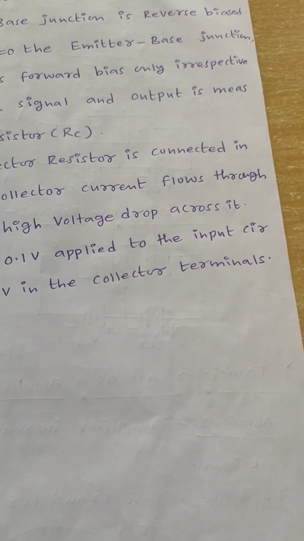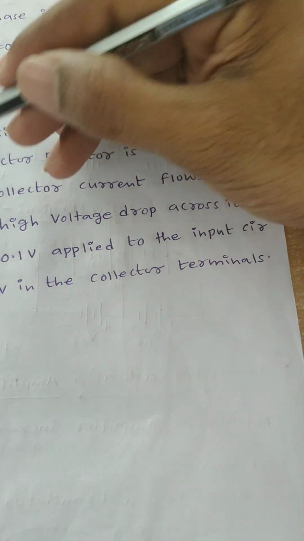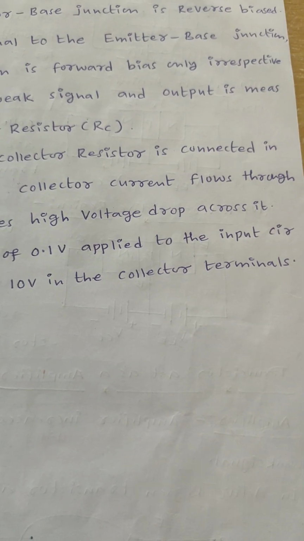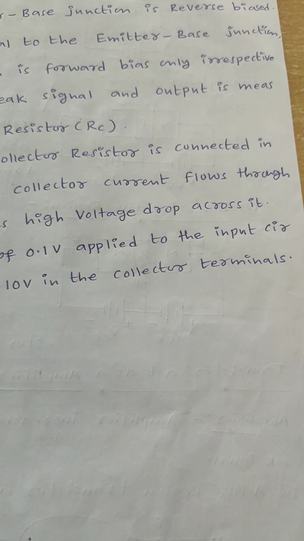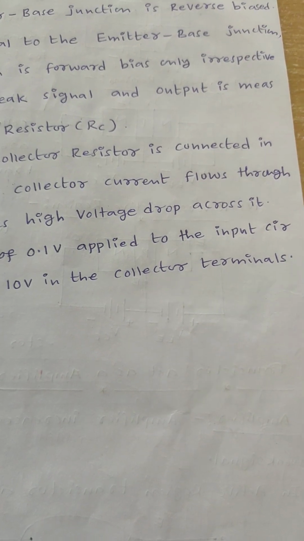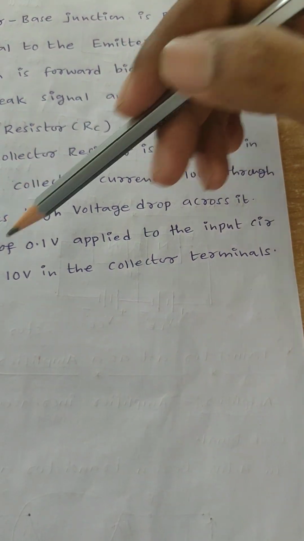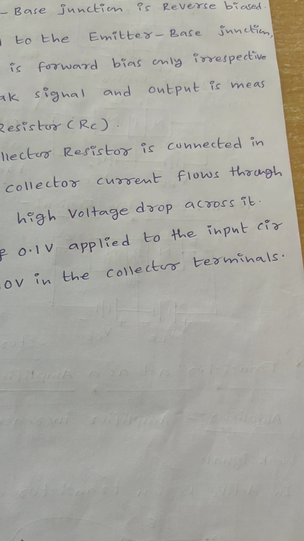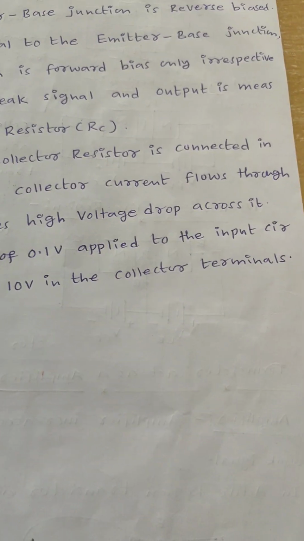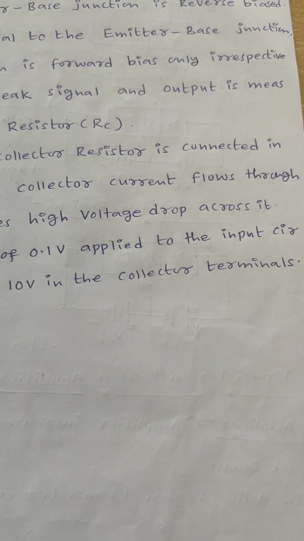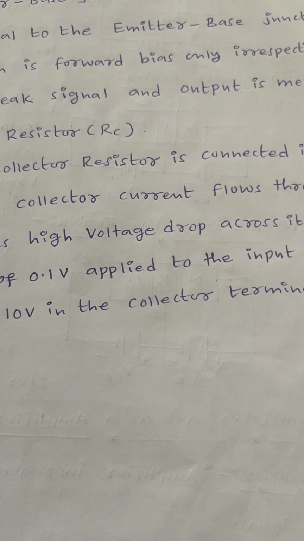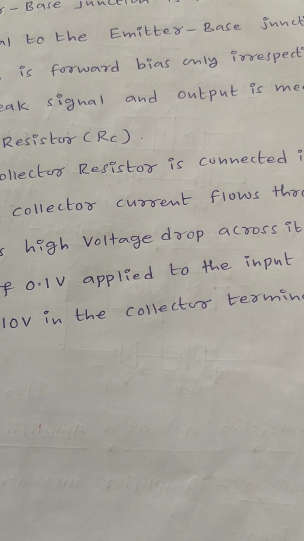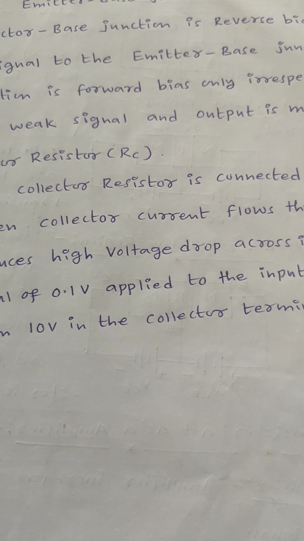A large value of collector resistor is connected across the load, and when the collector current flows through that resistance, it produces a high voltage drop across it. Hence a weak signal applied to the input circuit is amplified to 10 volts at the collector terminals. In this way the amplifier amplifies a low level signal into a high level signal. That is the special application of a transistor. Okay, thank you.